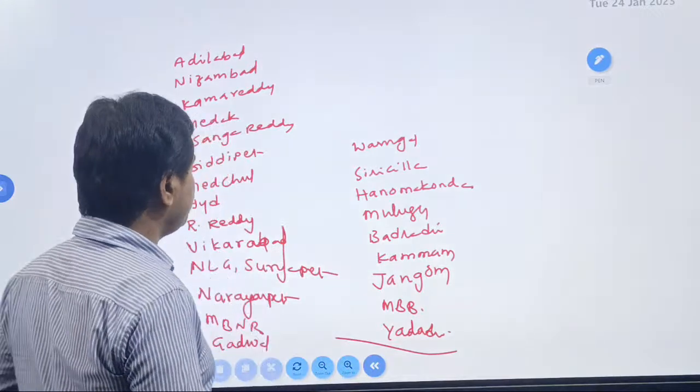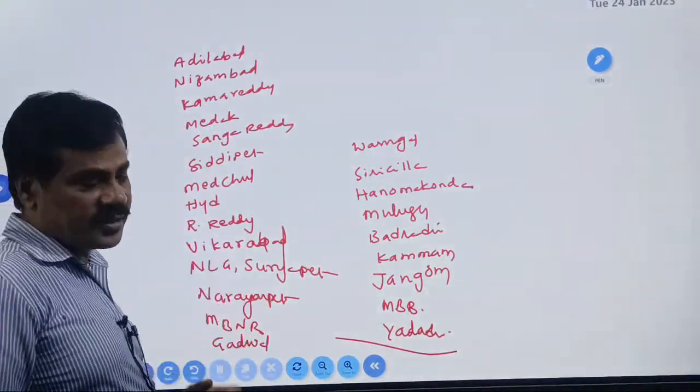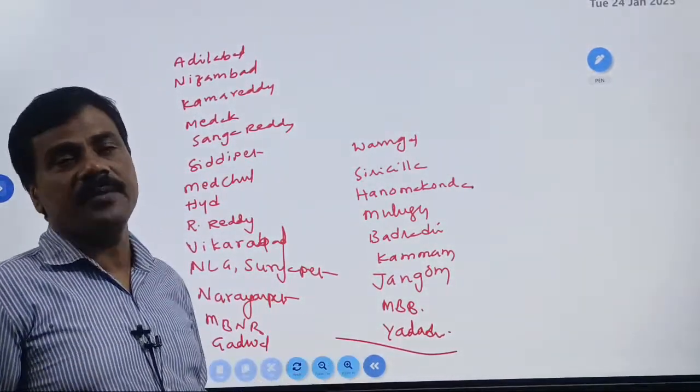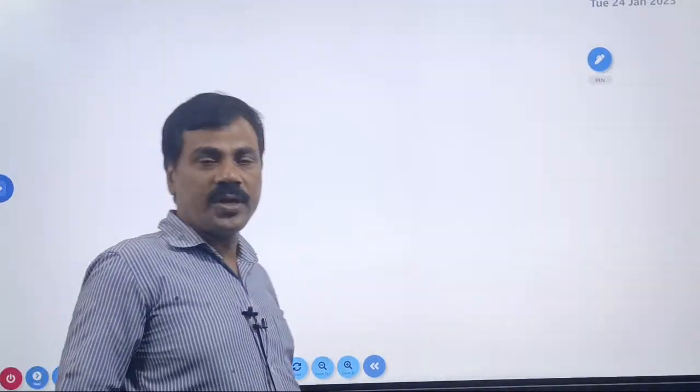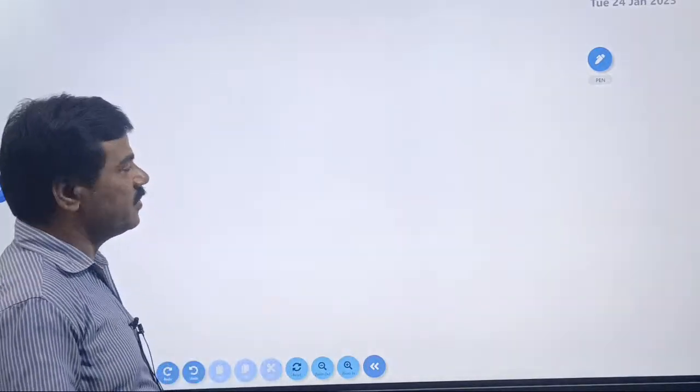Except Karimnagar, all the remaining districts have a high red soil percentage. Okay, this is about the red soil.